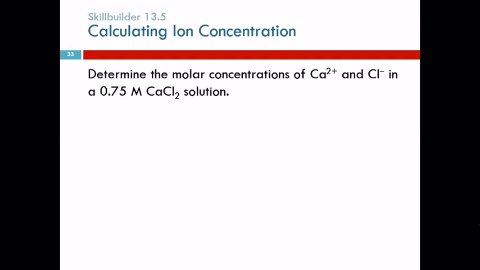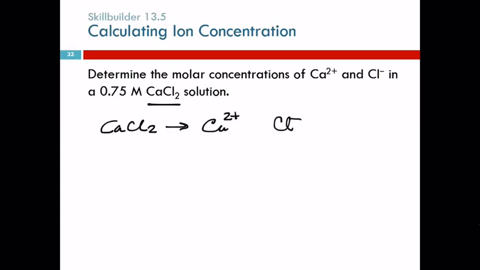So determine the molar concentrations of calcium and chloride in a 0.75 molar calcium chloride solution. And we're going to do this just looking at the chemical formula. Calcium chloride. When that comes apart into ions, we get calcium ions and we get chloride ions.